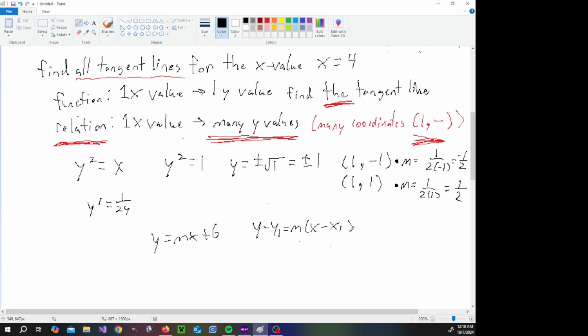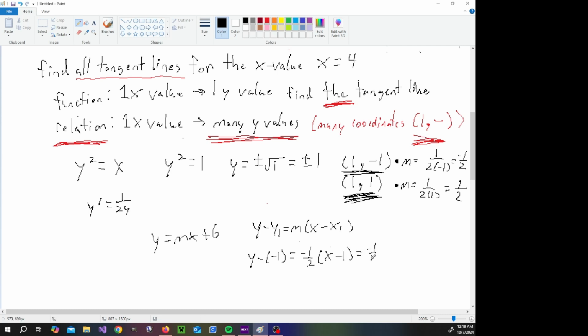Well, what are our x and y values? For a given coordinate, that is exactly the x and y value that we need. So we can do y minus negative 1 is equal to negative 1 half times x minus 1.